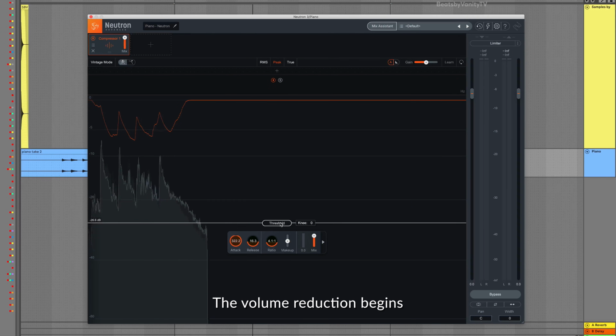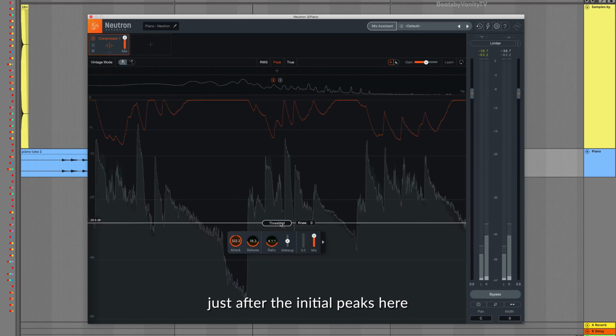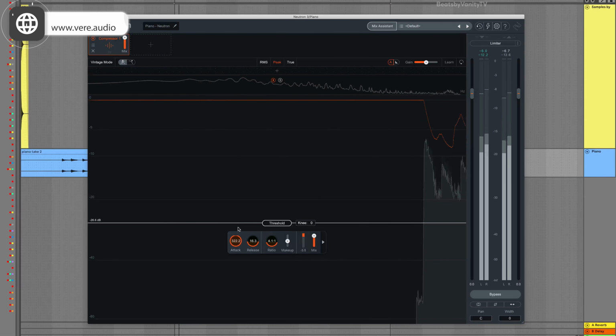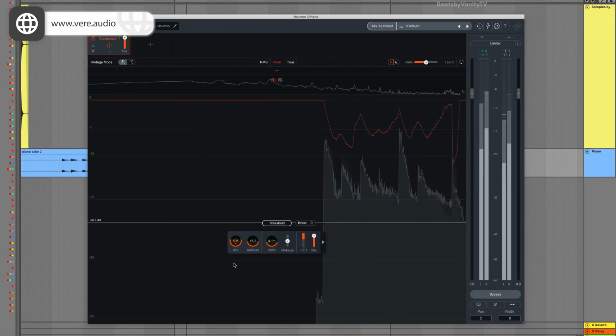The volume reduction begins just after the initial peak here, which doesn't smooth out the performance. Pulling back the attack to catch those transients provides a far more controlled compression style, but it also dulls the sound, pushing the piano back in the mix.